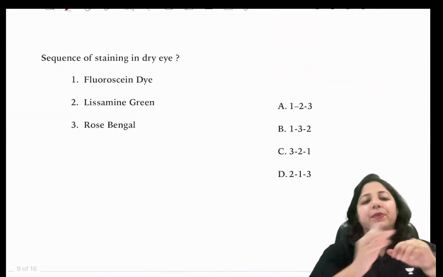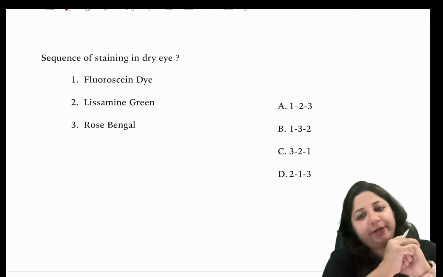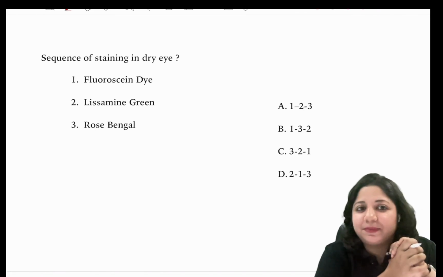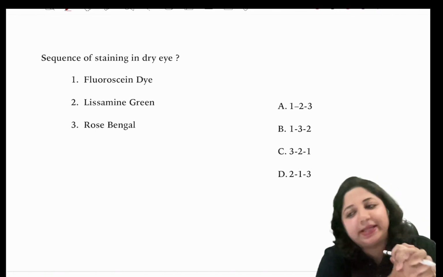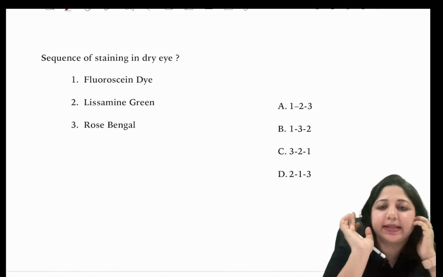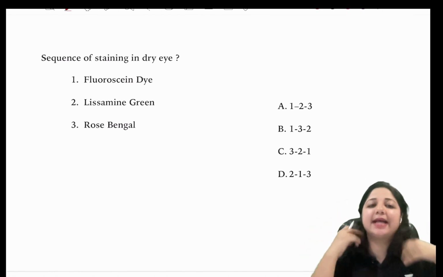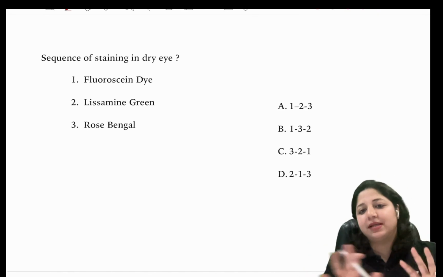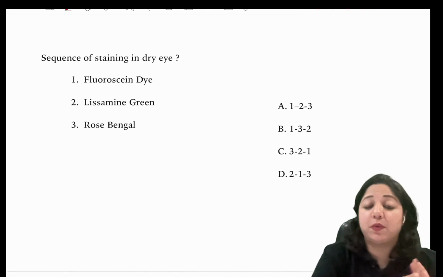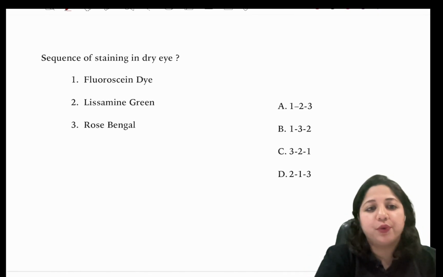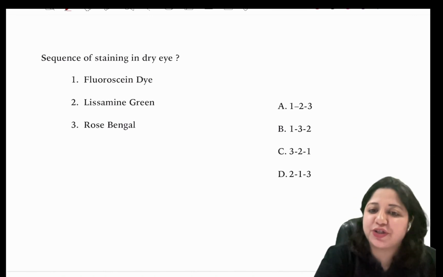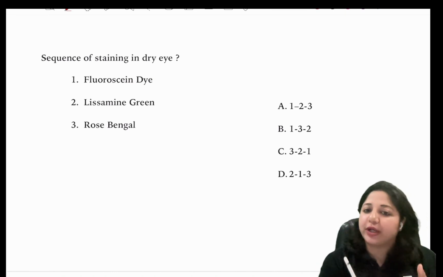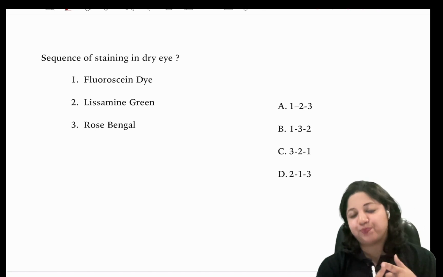So that was simple. Now there was another blaster: sequence of staining in dry eye. So this was a question which again has run into everybody's spine. What is happening? What is going wrong? See, in such questions, again, I would tell you, knowledge is one, common sense is two.